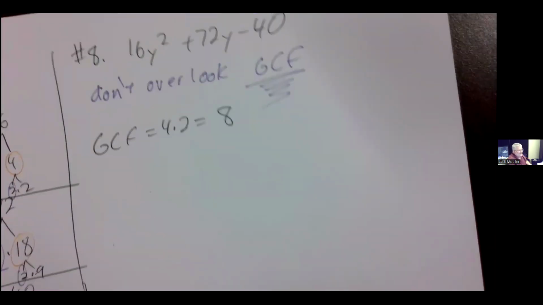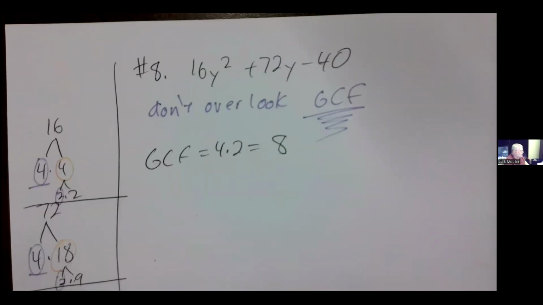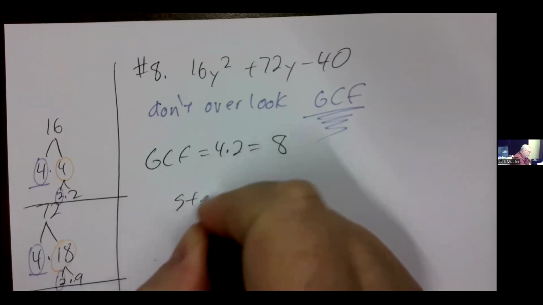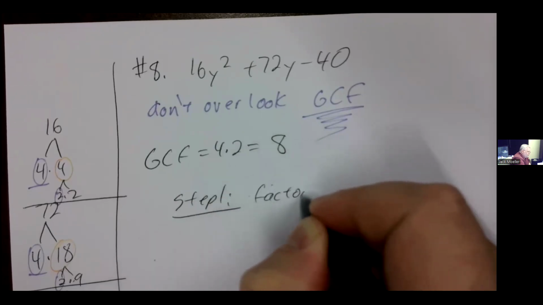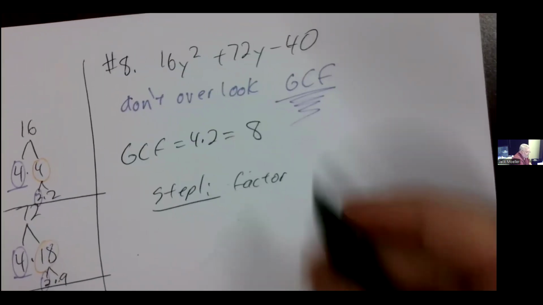So you multiply them. So the GCF is 8. So 8 is the biggest number that goes into all 3 of those. So that's step 1: factor out your GCF. You can't factor it out if you're not looking for it.